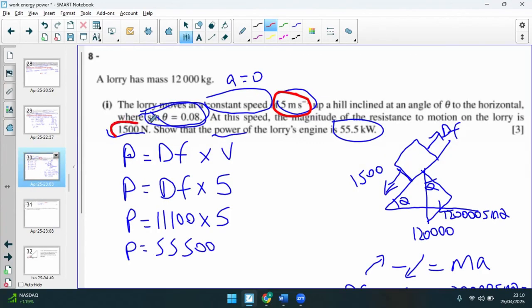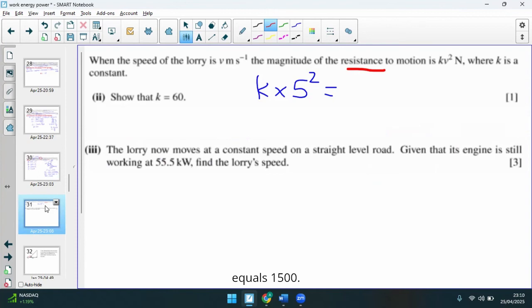So that means k times v square equals 1500. And then if you solve this, that will give you 1500 divided by 5 square. So 1500 divided by 25, which is 60.